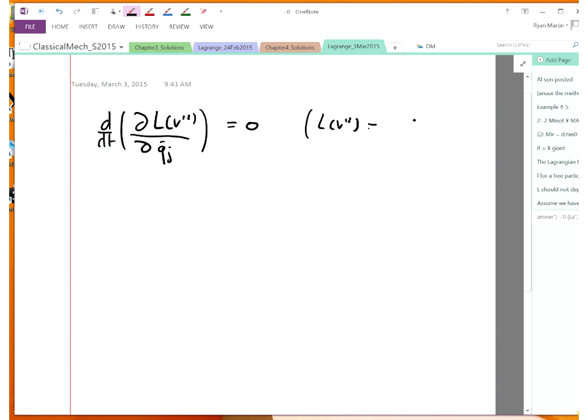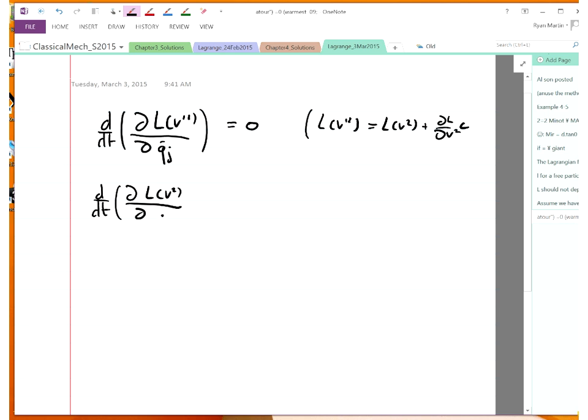Now if I plug in what I have, L of V prime squared is L of V squared plus ∂L/∂(V squared) times C. So I'm going to plug that in.